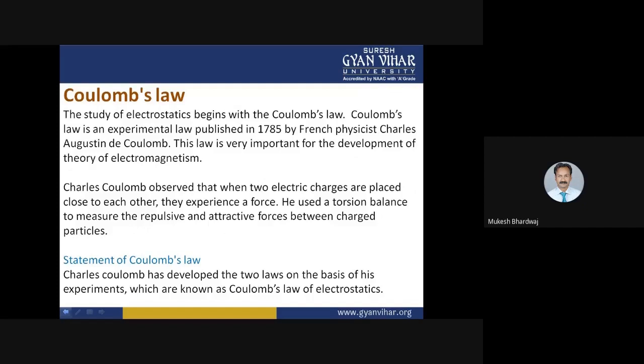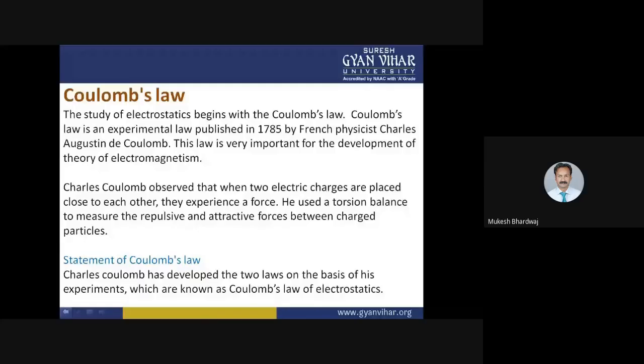The study of electrostatics begins with Coulomb's law.